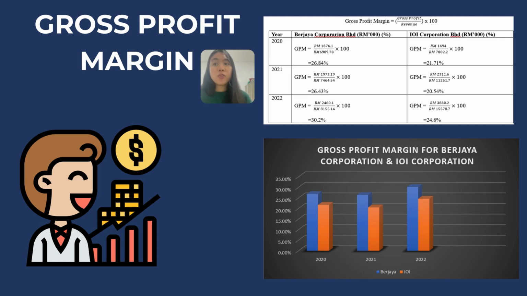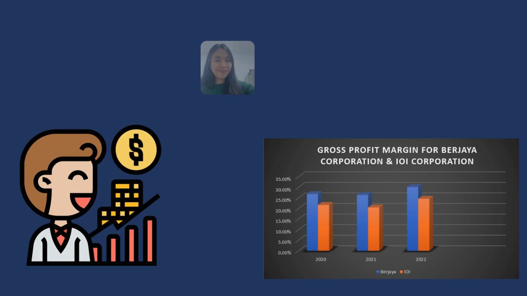Therefore, in each of the 3 years, 2020 until 2022, Berjaya consistently had a higher gross margin than IOI. A higher gross profit margin generally indicates a more efficient cost structure or better pricing strategy, which can contribute to improving overall profitability for the company.